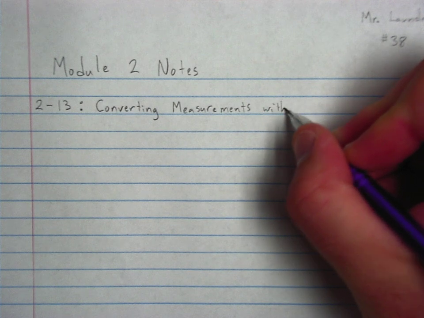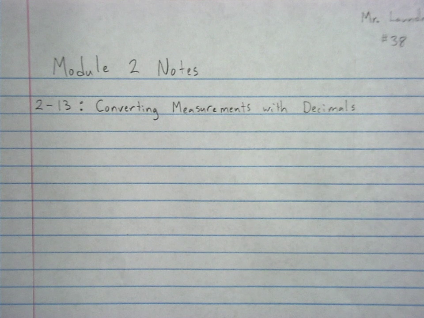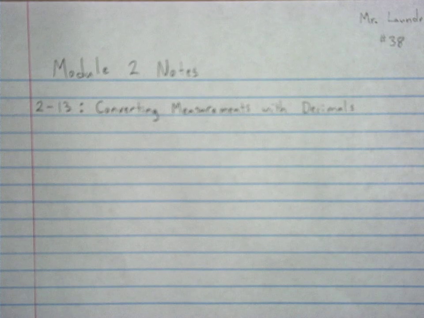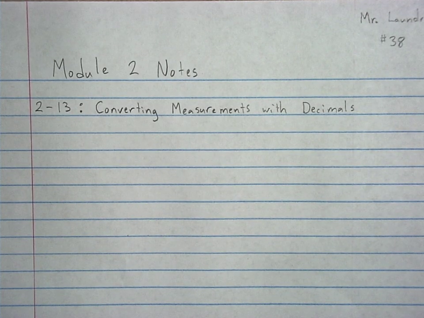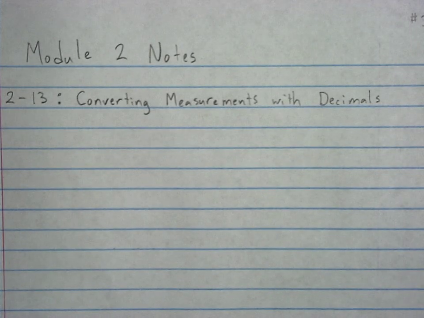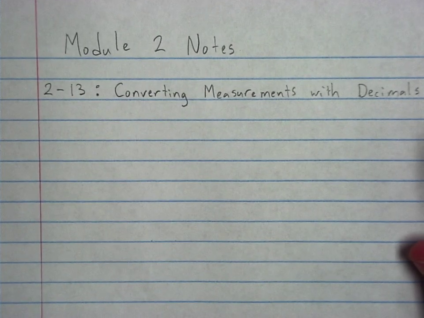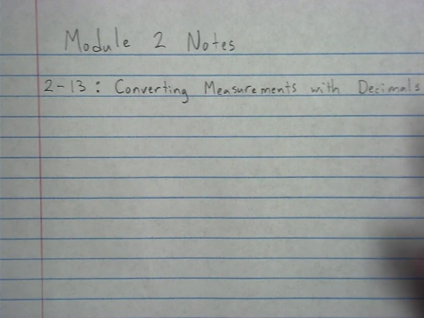The big change this time is it will be with decimals. Now, I say big change, but that's really not true. It's not a huge change. The processes will be the same. I'm going to show you a slightly different strategy. We're going to use some equations today to help us solve, but we'll get to that in a moment.